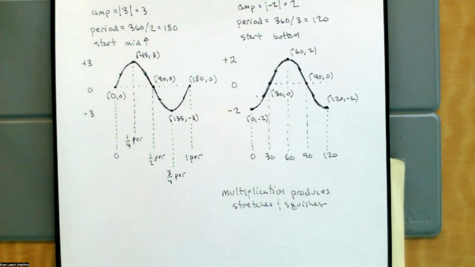Multiplication produces stretches and squishes. A squish is just an anti-stretch. Multiplication by -1 produces a reflection.